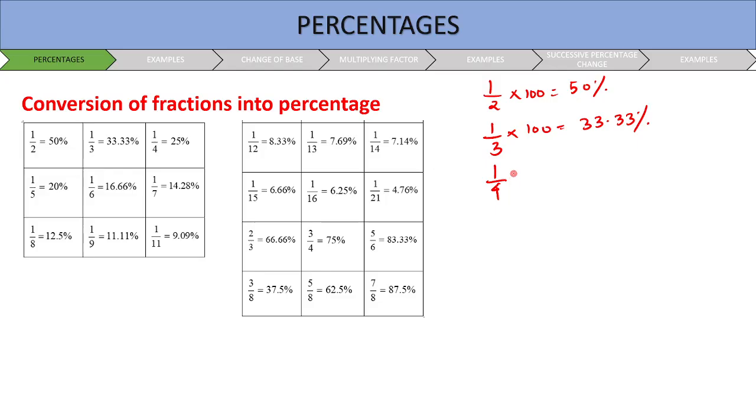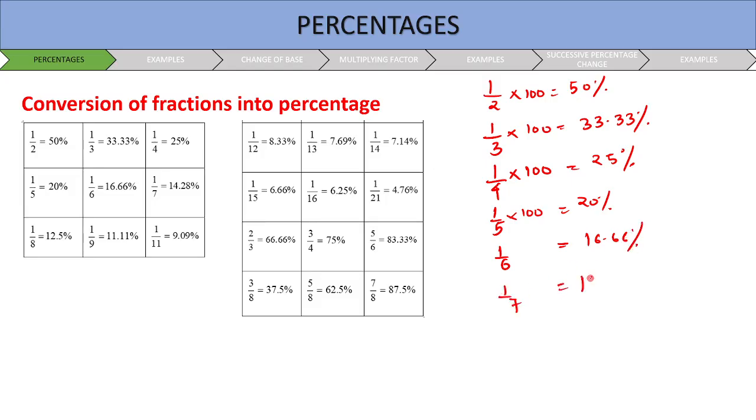For 1 by 4, you multiply by 100, you get 25 percentage. Similarly, for 1 by 5, you get 20 percentage. For 1 by 6, you will get 16.66 percentage.